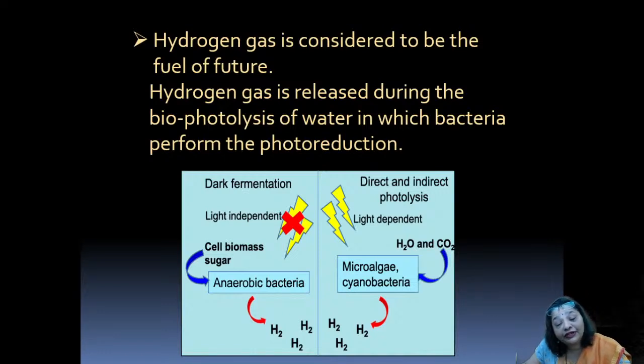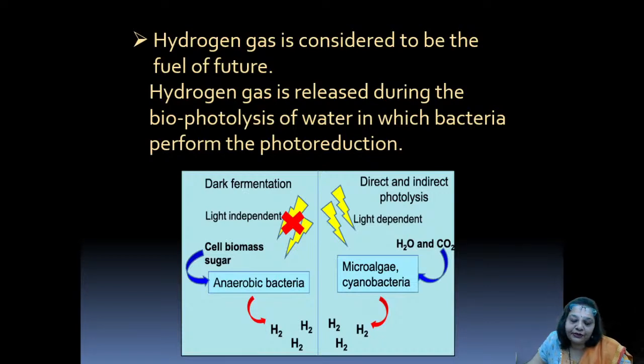So here too, microorganisms like bacteria and blue-green algae or cyanobacteria help in production of an eco-friendly fuel, hydrogen gas. Got it?